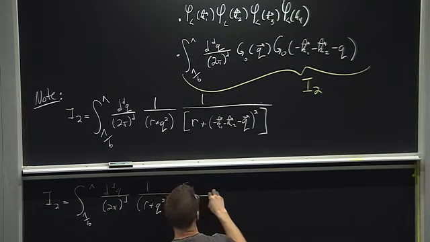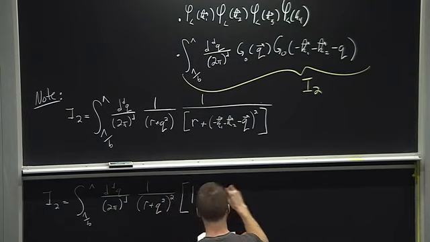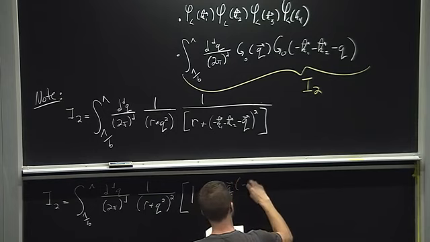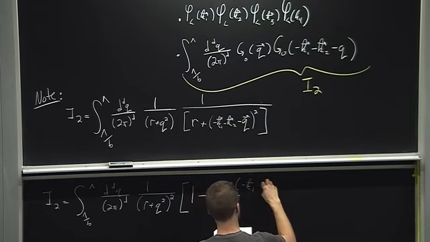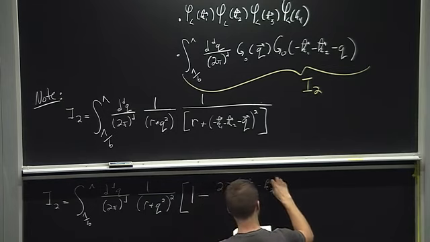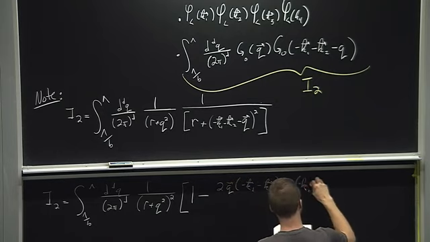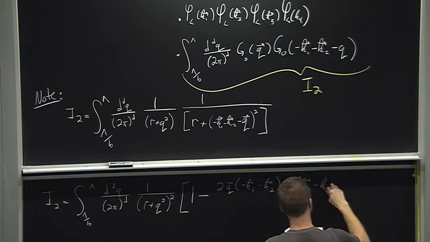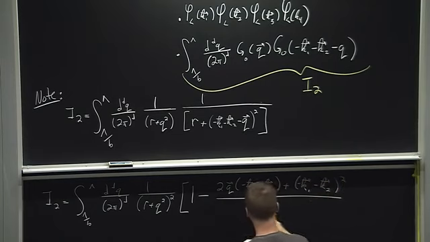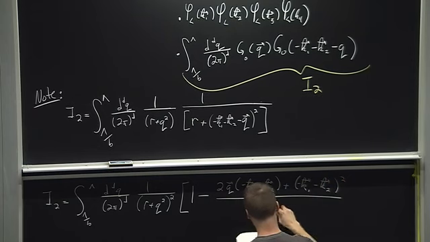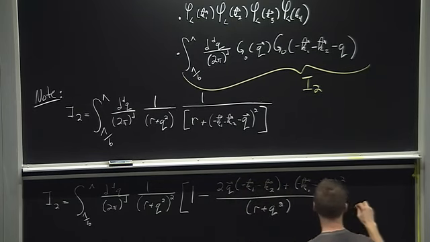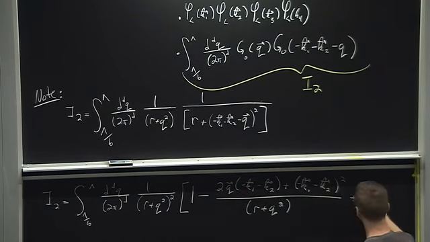So it's going to be 1 minus something. I got to make sure I get this right. So it's 2q all over, plus higher order terms.